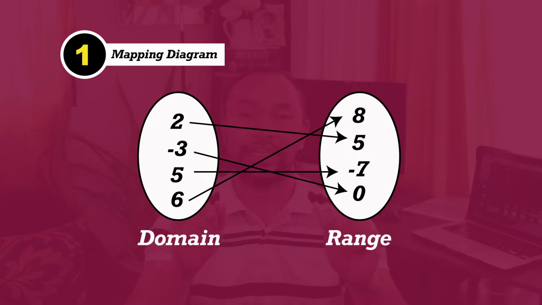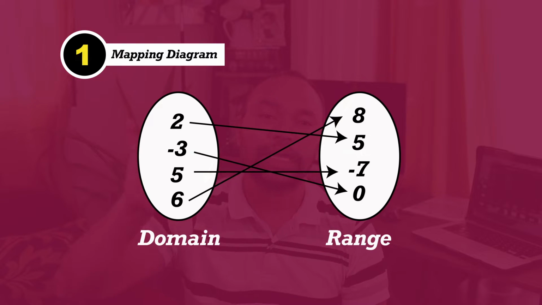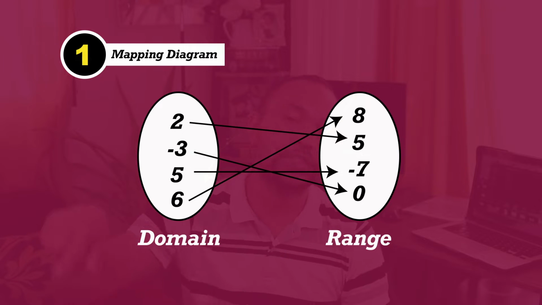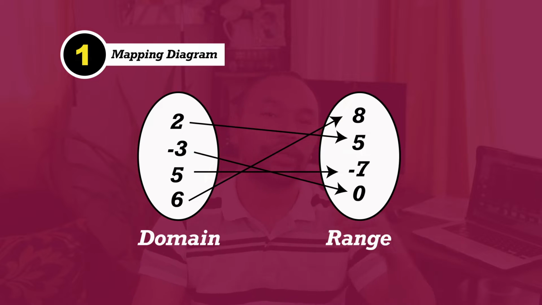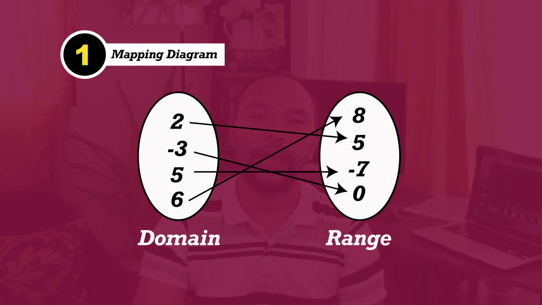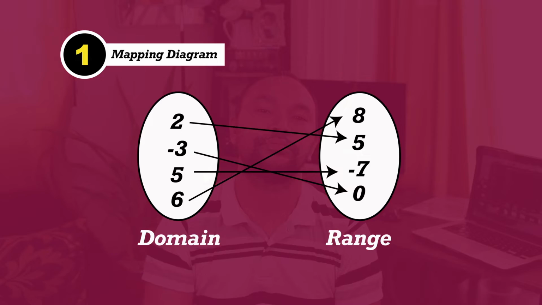What you are seeing now on your screen is an example of a mapping diagram, where values in the domain are enclosed in one shape, and the values in the range are enclosed in a separate shape, and the values are connected through an arrow starting from one element in the domain pointing to another element in the range.